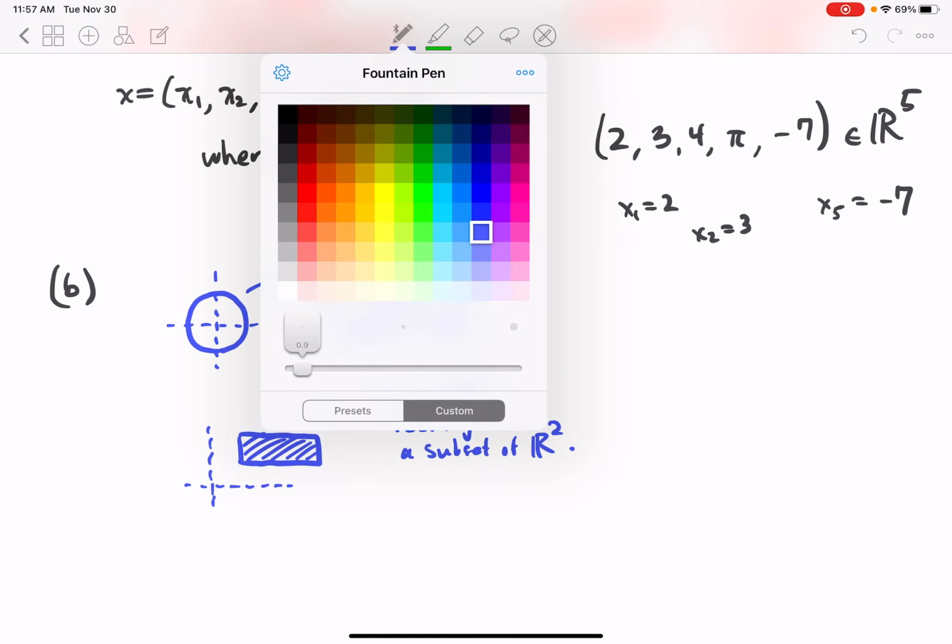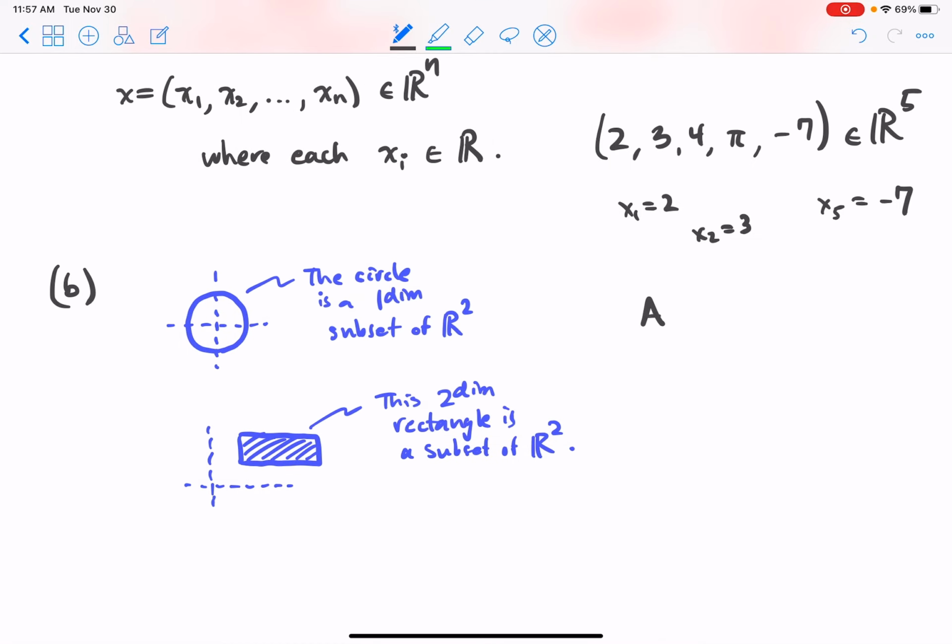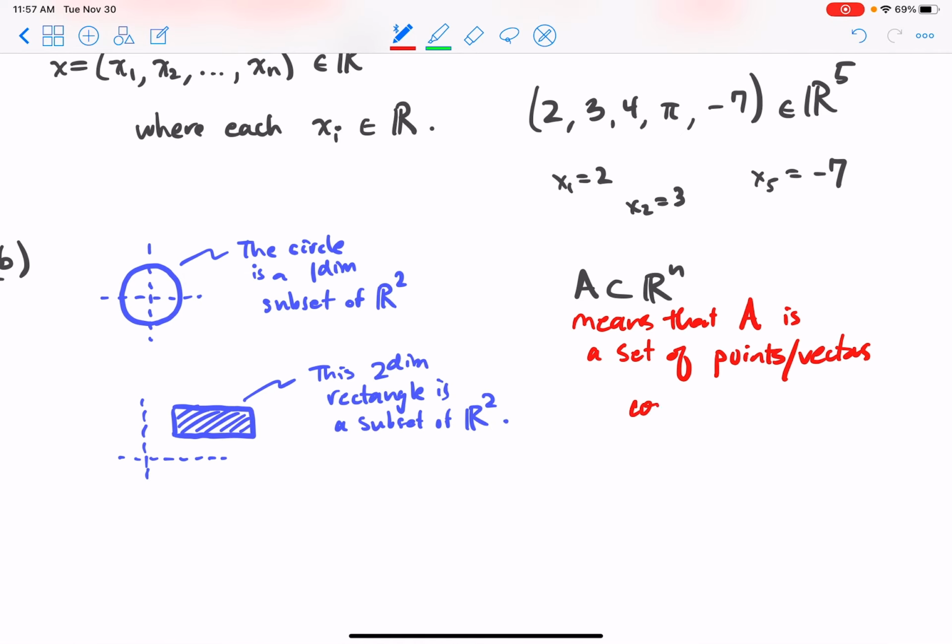Okay, and so then, the A subset of Rn means that A is a set of, either points or vectors, contained inside.